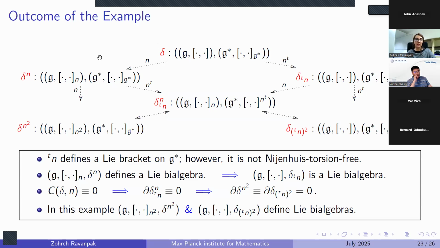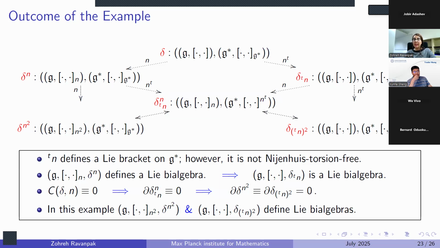Since we proved the delta here, it means that we have also here a Lie bialgebra. With those data, we showed that the concomitant of delta and N is 0, so the double deformation is also a Lie bialgebra.